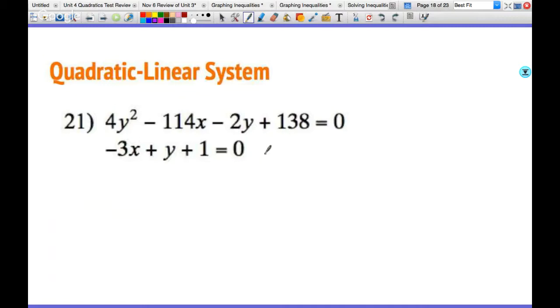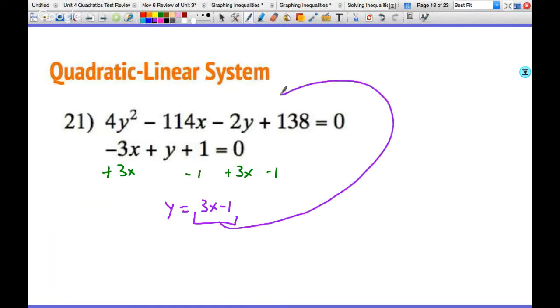All right, here's a quadratic linear system from the homework. This one is a little bit longer. To solve this, I need to add 3x to both sides. Subtract 1. Now I've got an expression for y.